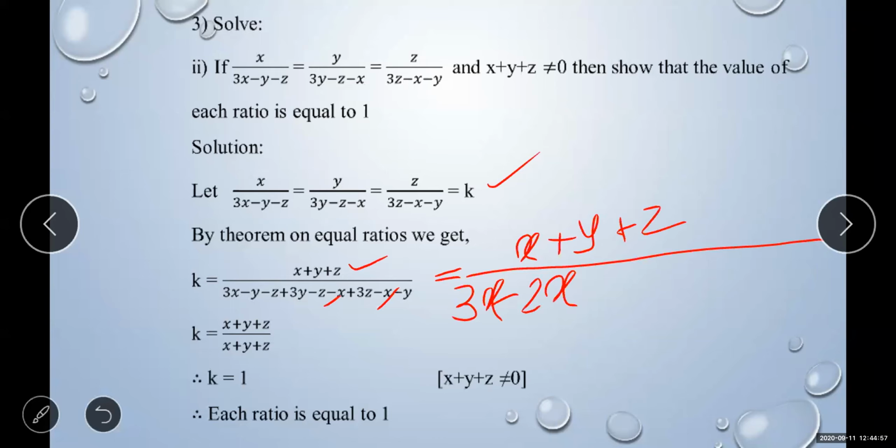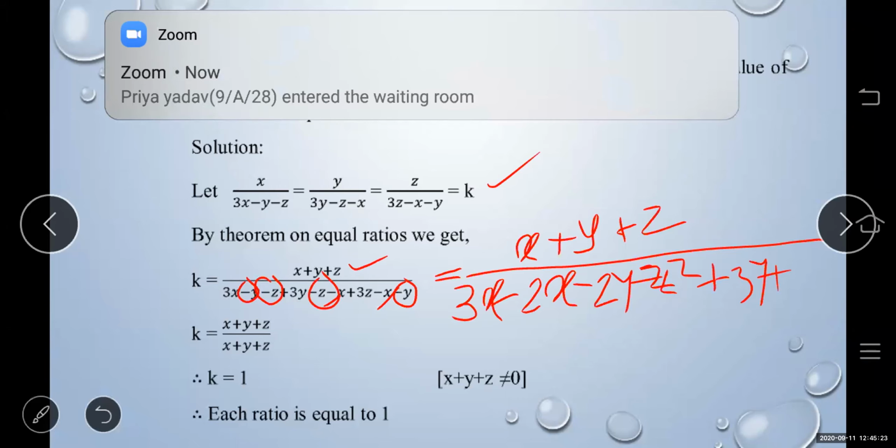Now 1 minus y, second minus y, that means minus 2y. 1 minus z, second minus z, that is minus 2z. Then here given plus 3y plus 3z.